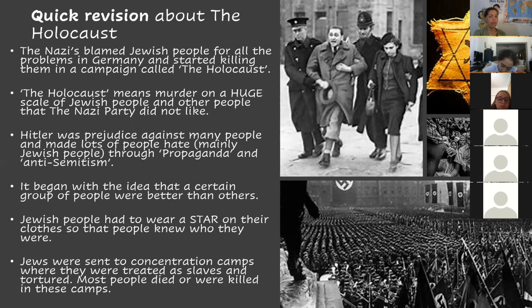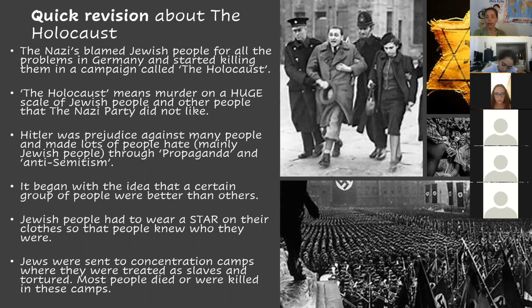Even if it wasn't their fault, it was still always the Jewish people's fault. And the Holocaust means murder on a huge scale of Jewish people and other people that the Nazi Party did not like.